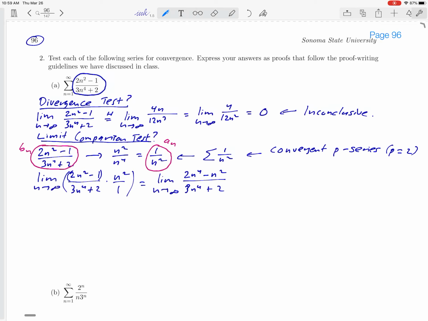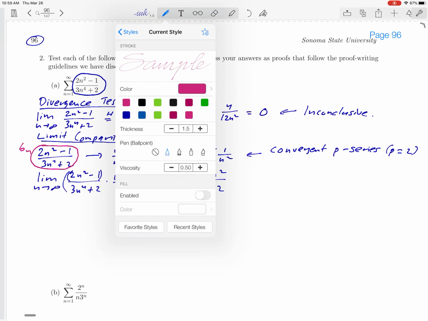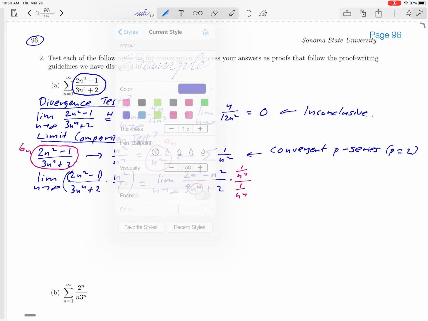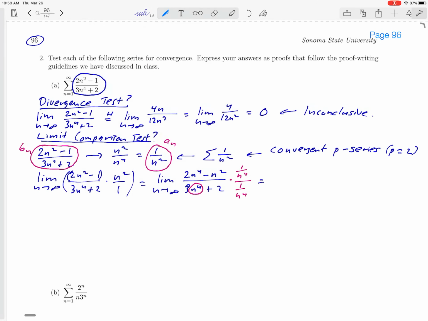So I'm going to fall back on the alternative to L'Hopital's rule. We talked about this way back in the section on sequences. I believe we called it the dominant terms method. What we did there was identify the thing in the denominator that's growing the fastest. That would be n to the fourth. And we multiplied the top and the bottom of our entire fraction by 1 over that.